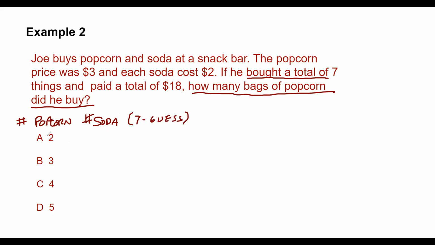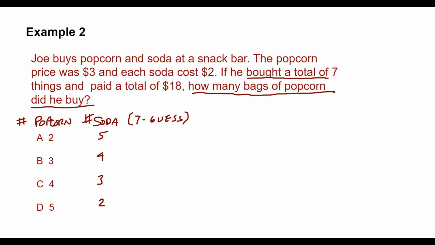So for the number of sodas, if we bought 2 popcorns, we must have bought 7 minus 2, or 5 sodas. If we bought 3 popcorns, 7 minus 3, 4 sodas. You see the pattern here. 4 popcorns, 7 minus 4, 3 sodas. And if we bought 5 popcorns, we would have only bought 2 sodas.